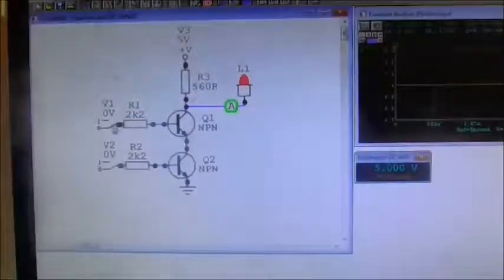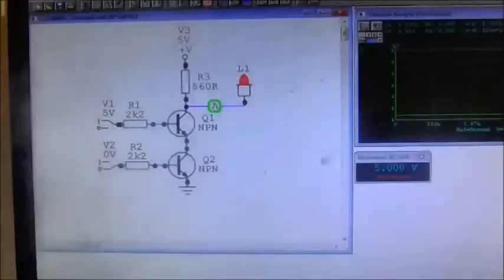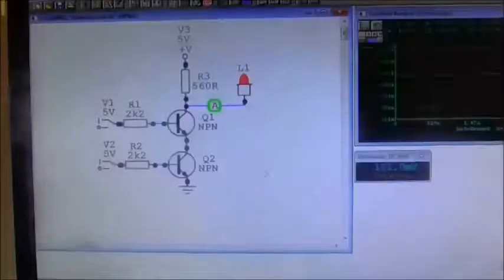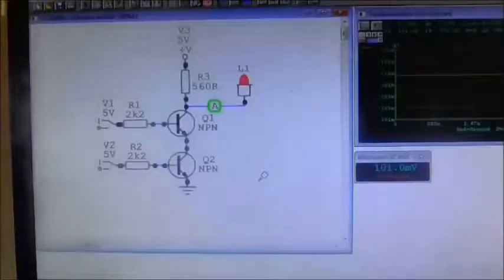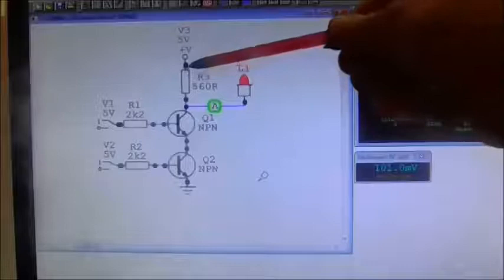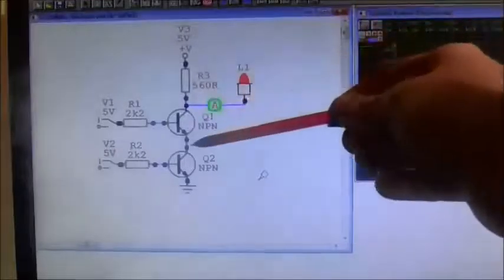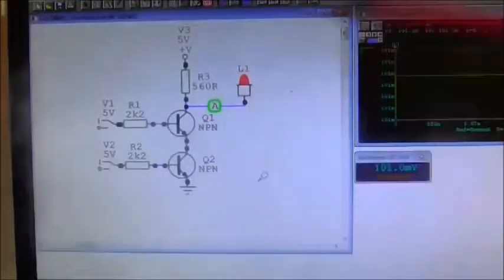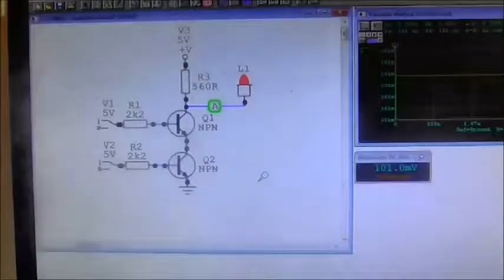If I do this, we've still got the 5 volts, and if I do this, it now goes down to 101.0 millivolts. And that's because the great majority is now conducting through the transistors straight to the ground. And what we've done there is created a NAND gate.